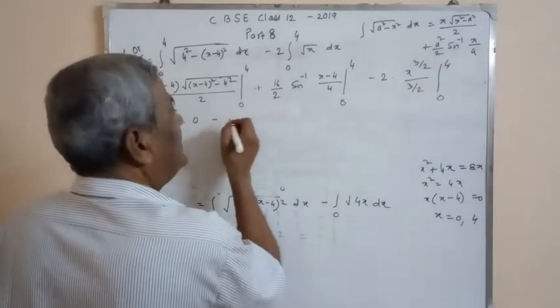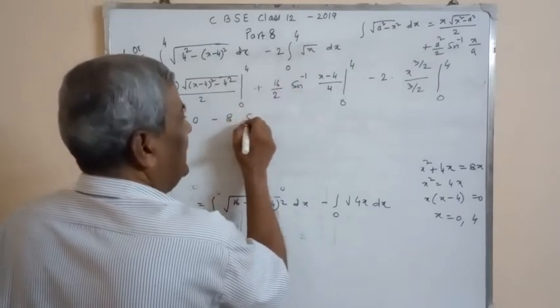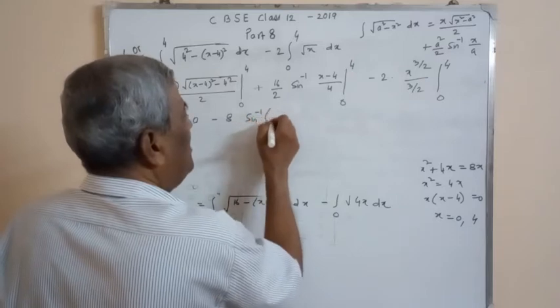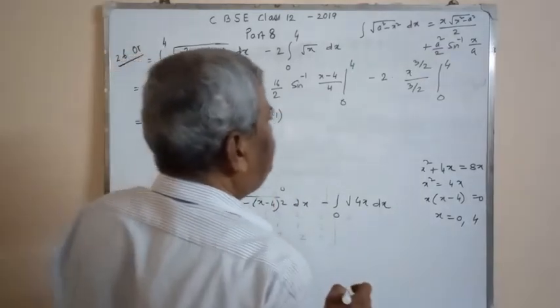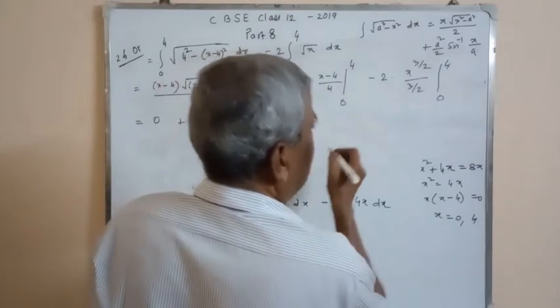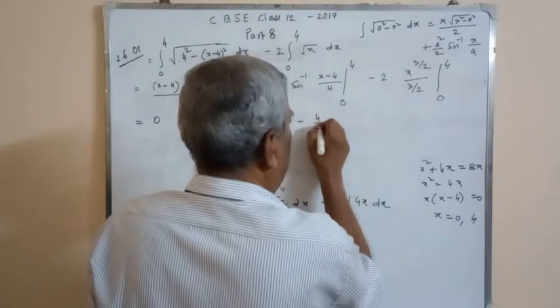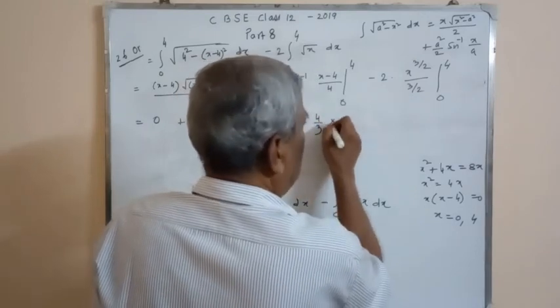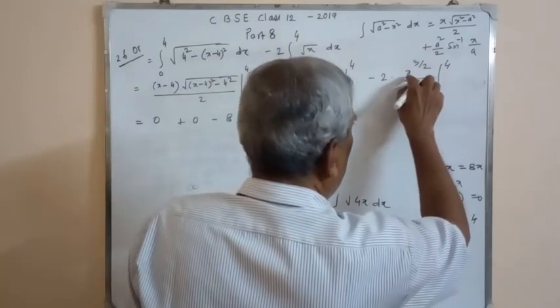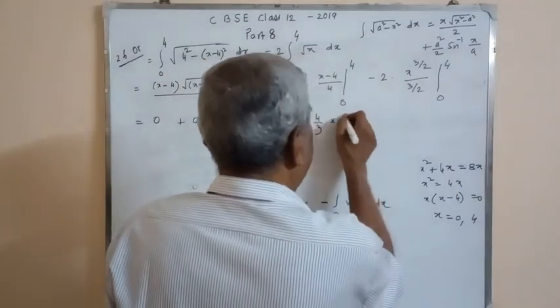Then minus 16 by 2, that is 8, sine inverse minus 1, minus, together it is 4 by 3 into 4 to the power 3 by 2, that is 2 to the power 3, that is 8.